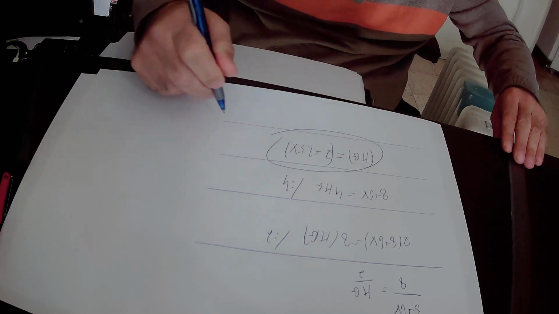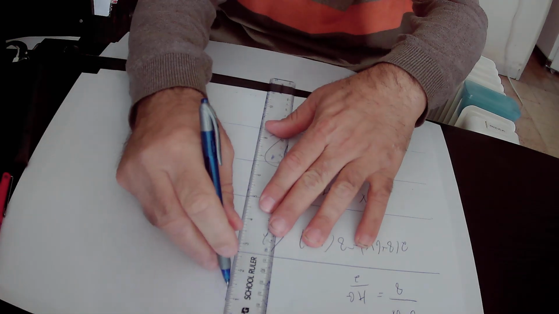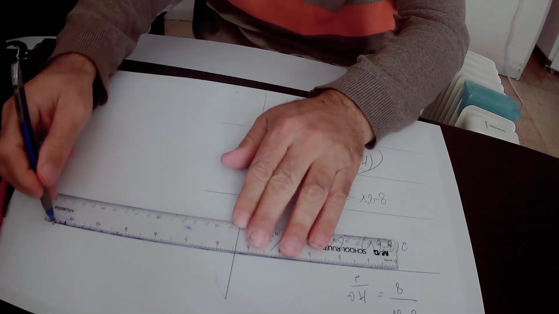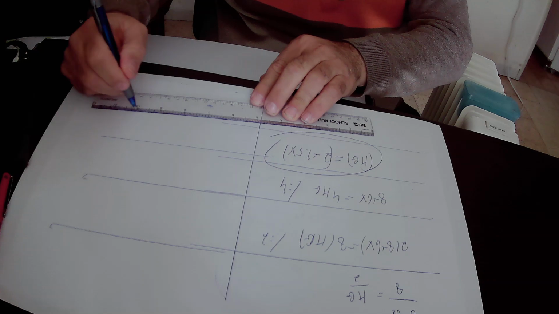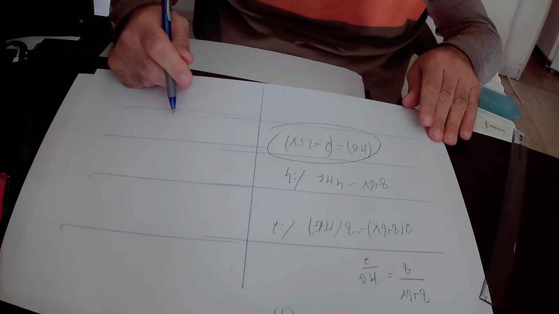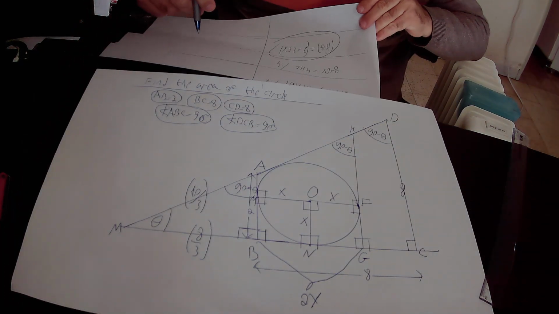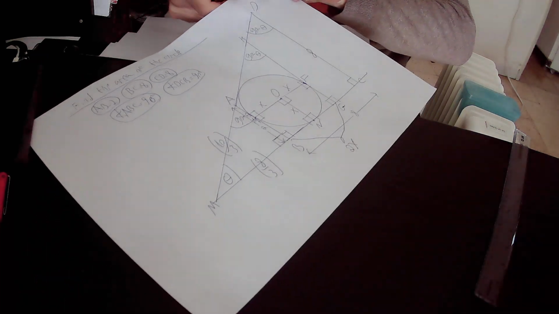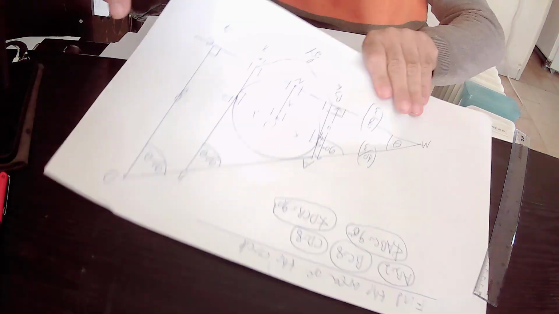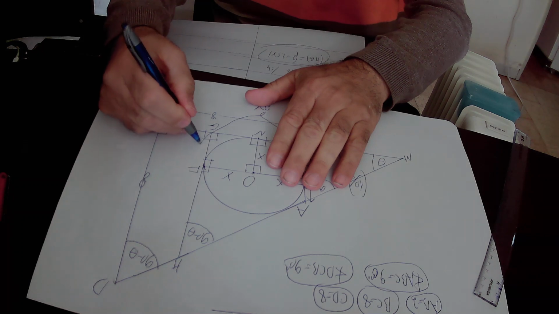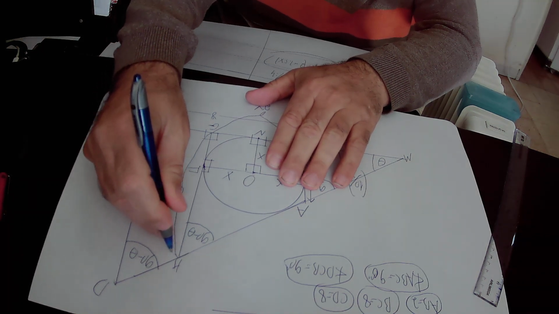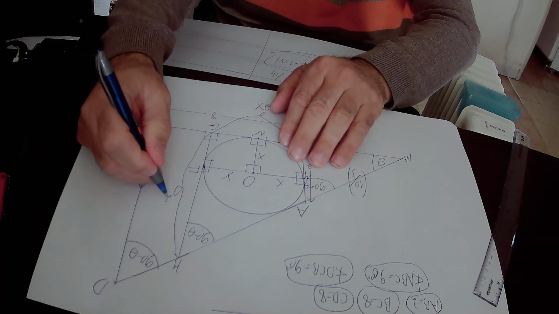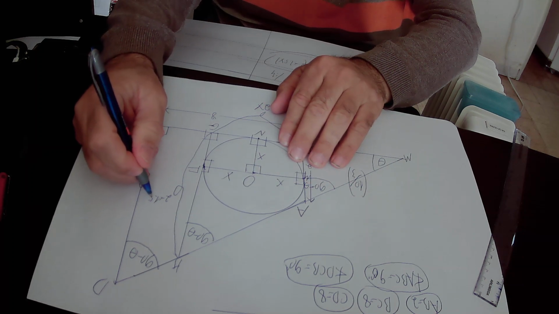So I can write down in the original drawing that KG equals 2 plus 1.5x. This is segment KG, that is equal to 2 plus 1.5x.